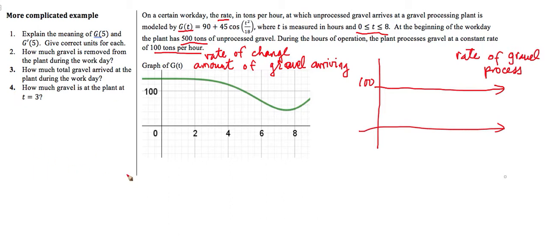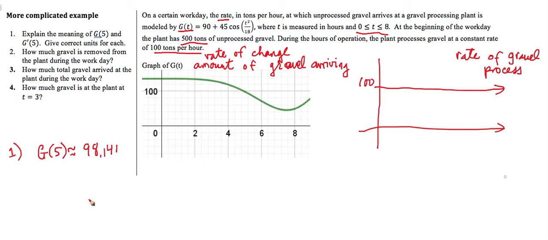So for our answers, we can say that G of 5 means that the amount of gravel that arrives at the plant is changing at that given rate. And just so that we have something to talk about, let's plug 5 into G and get ourselves a number. So I get that G of 5 is approximately equal to 98.141.